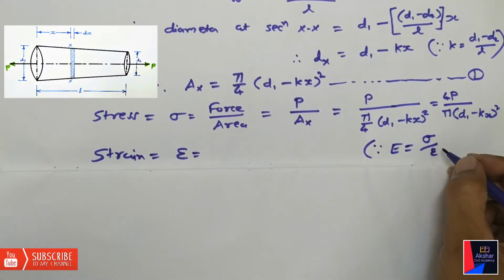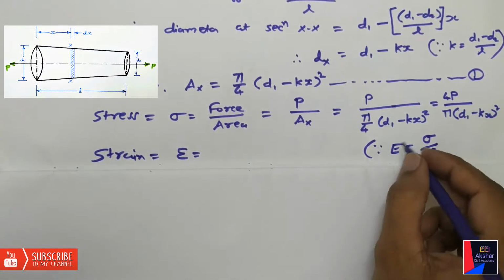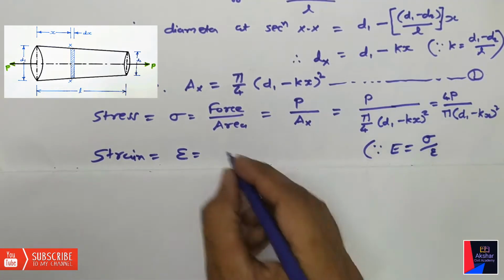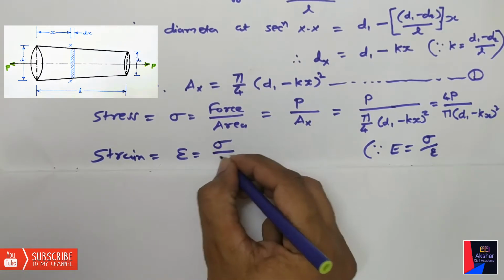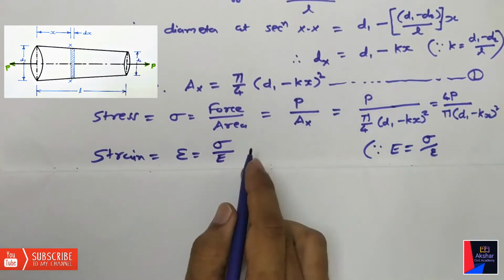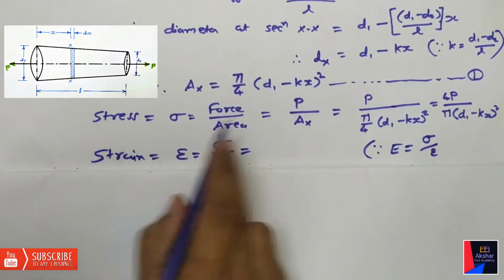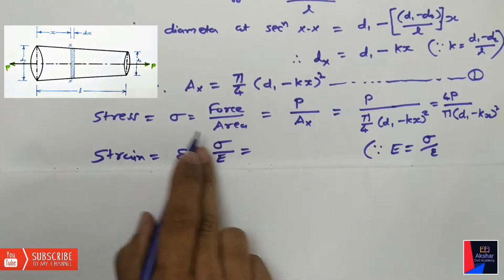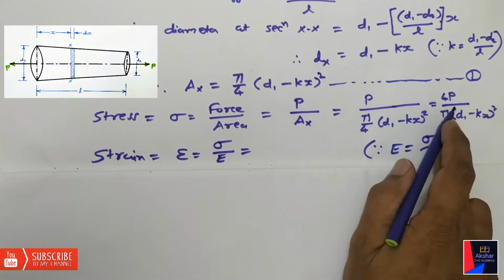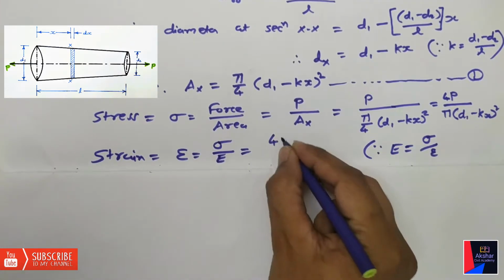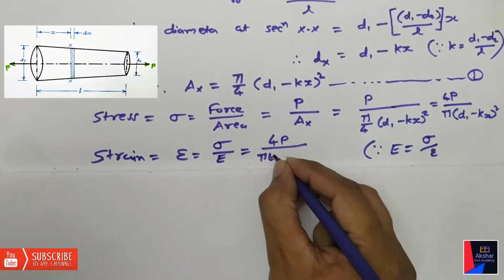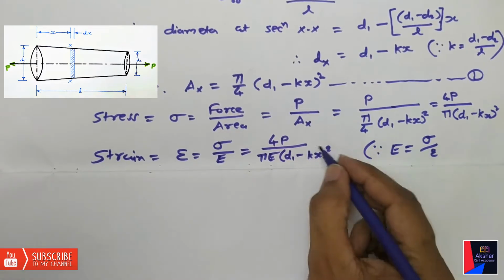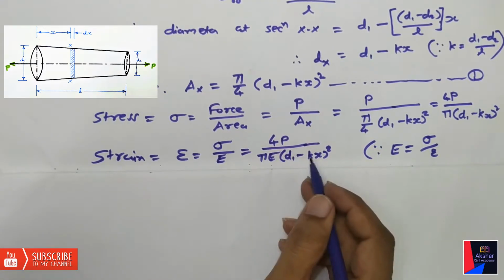So from this equation we can write epsilon is equal to stress upon modulus of elasticity. Putting the value of stress sigma, we will get 4P upon pi E into d1 minus kx squared. So this is the equation of strain.